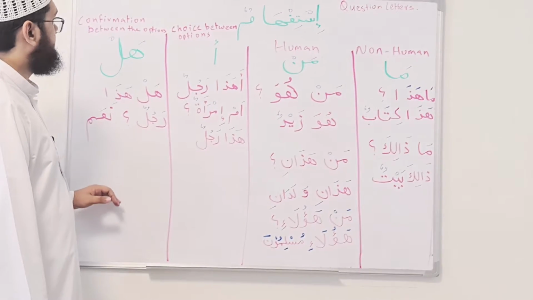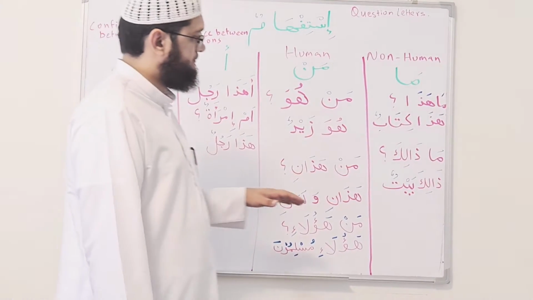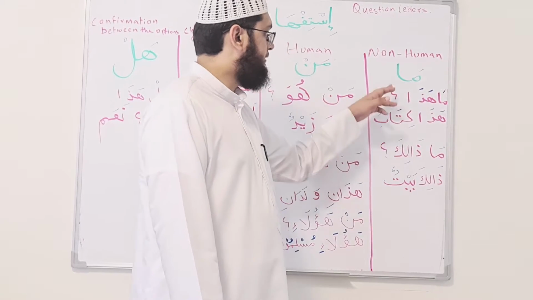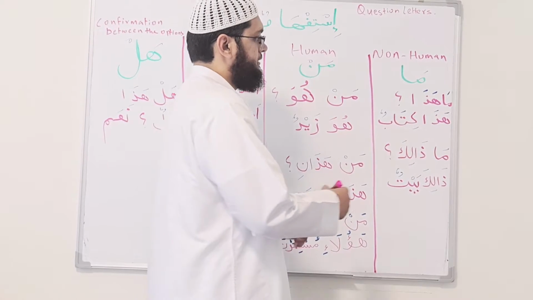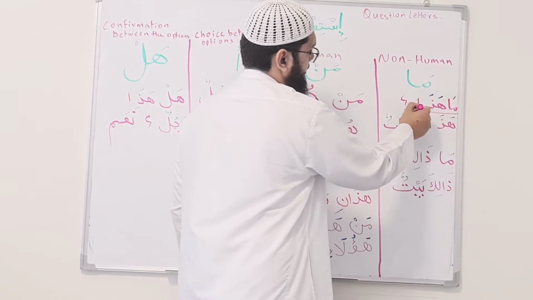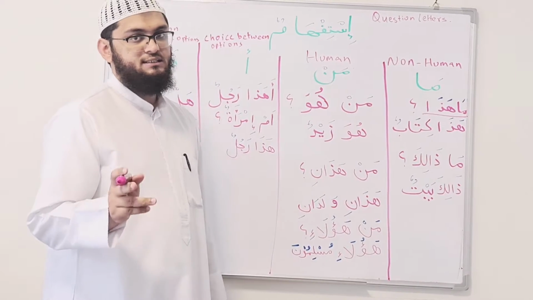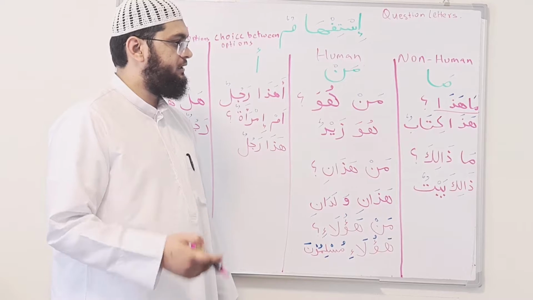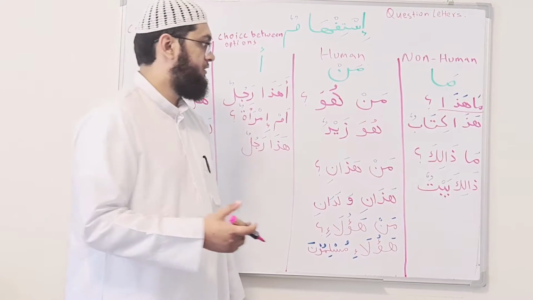Now, I have written some examples so that I can explain to you. Like, for example, there is a question, ma hada. As we discussed, hada means this, and ma. So I'm using ma hada. That means what is this, right?